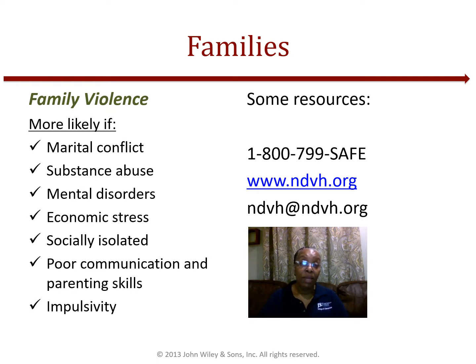Mental illness can be a factor, as well as economic stress. If you're struggling to make ends meet, of course, we may project onto others what we're feeling. If there's social isolation, poor communication, as well as poor parenting skills, as well as being impulsive, these type of situations can lead to violence within a family dynamic.